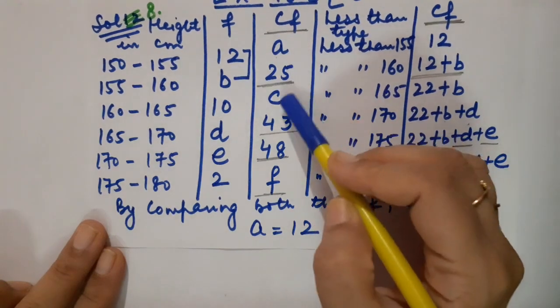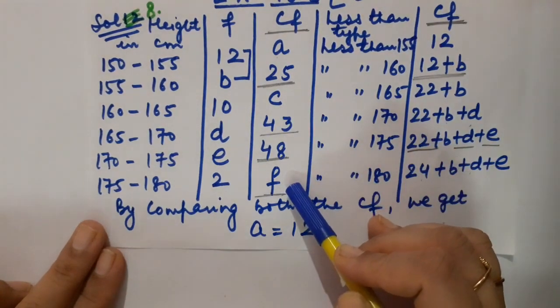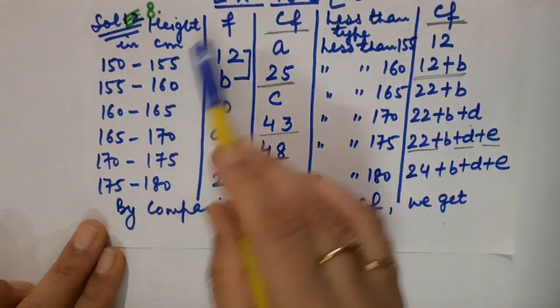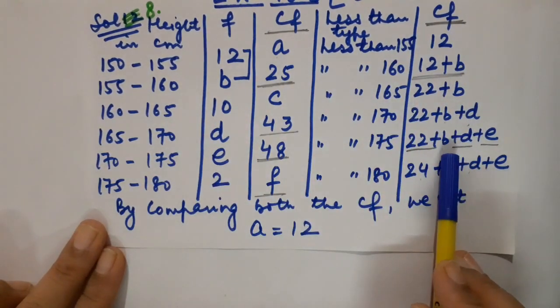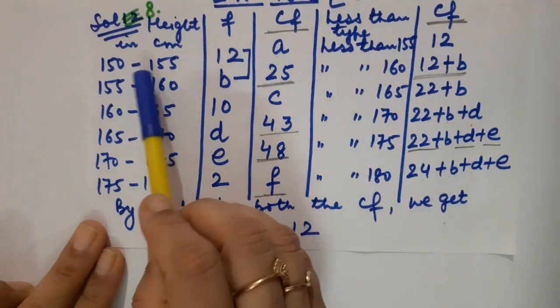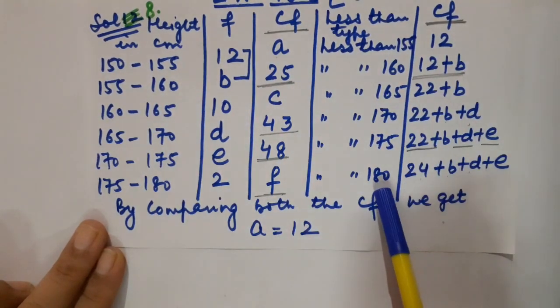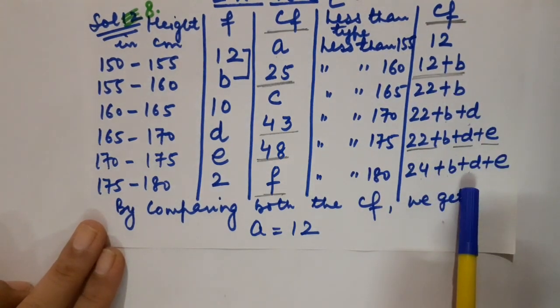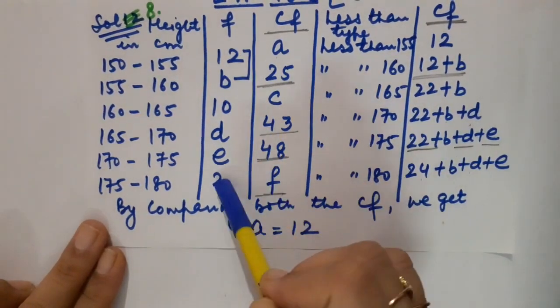In that also A, C, F are missing, or they are unknown variables to us. So children, first of all I am going to convert it into less than type. So less than 155, because we take upper limits. So keep on adding them, because cumulative frequency is nothing but the sum of all the frequencies.